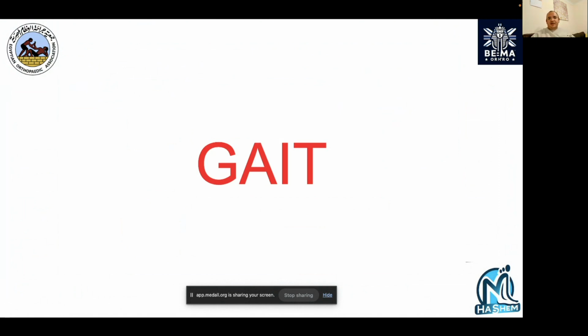To speak about the gait: understanding the gait is very, very important. It's not just important basic knowledge, but also a way to diagnose a lot of conditions in your foot and ankle clinic. For the exam, there are 5 to 6 questions about gait or gait-related problems in Part A, and for Part B, gait is very important to comment on in the intermediate, and you may have one of the short stations about gait.